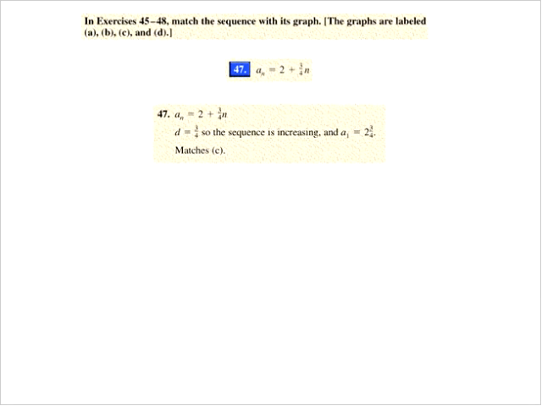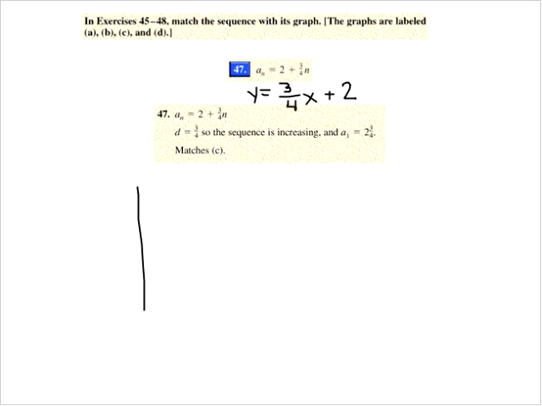Okay, let's match the sequence with this graph. Because it's an arithmetic sequence, they are linear graphs because you're just adding on a number each time. In this case, it's kind of like writing it where your slope is 3/4. If we were to write this with y and x, it would appear like this.